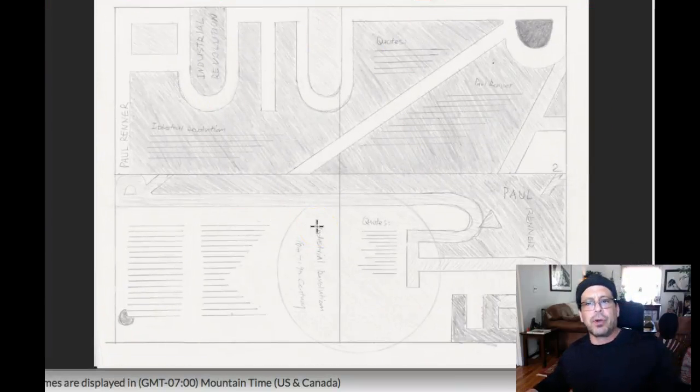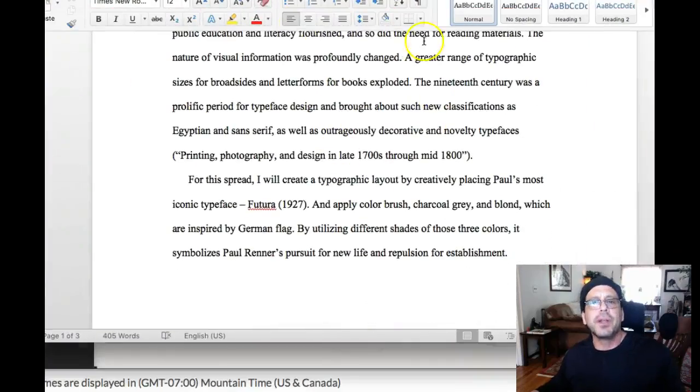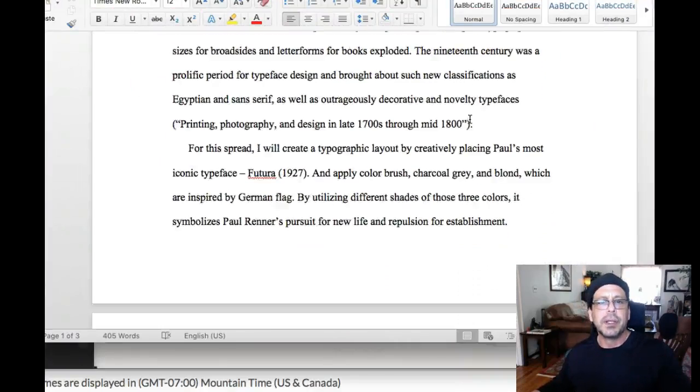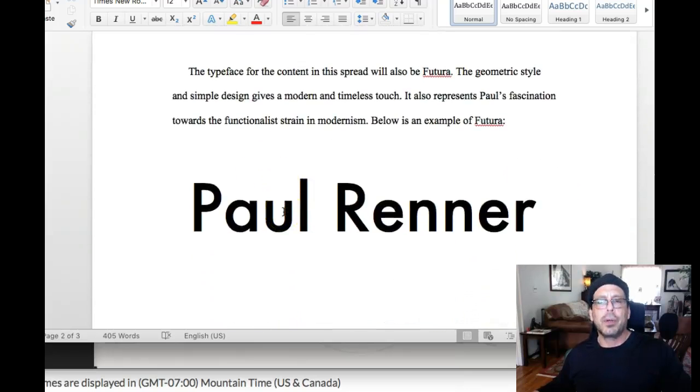So in other words, you've chosen the designer, you've chosen the time period that you want to use, you've chosen the typeface, and you've chosen the quote. The only thing we don't have here is in your sketches. I'm not seeing this Industrial Revolution.